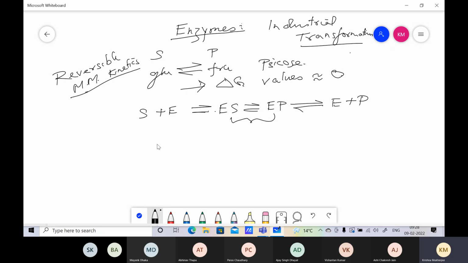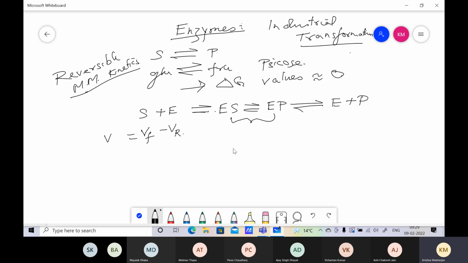Now, how do we formulate it? Tell me. So S going to P is now Vf minus Vr, the same way as we did with mass action kinetics. Now you understand why I was bringing in mass action kinetics and elasticities, etc. So what is Vf? Forward minus V reverse.